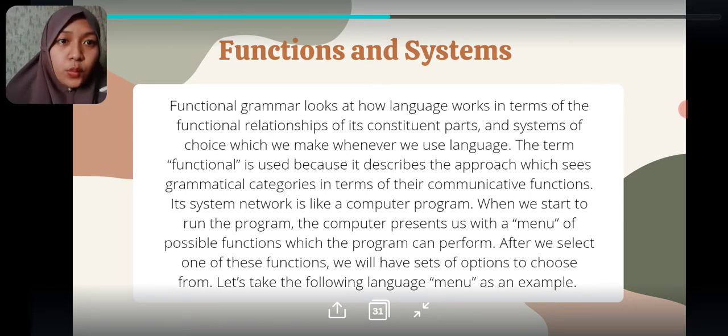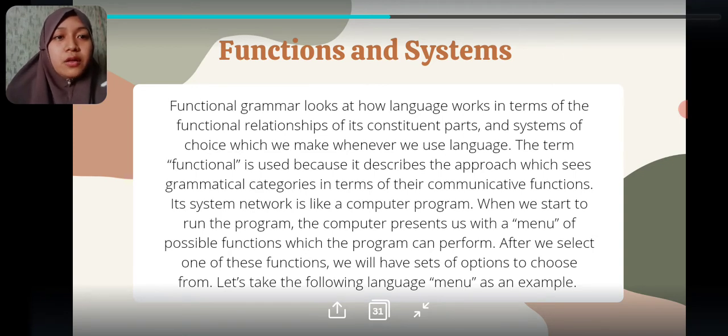Its system network is like a computer program. When we start to run the program, the computer presents us with a menu of possible functions which the program can perform. After we select one of these functions, we will have a set of options to choose from.